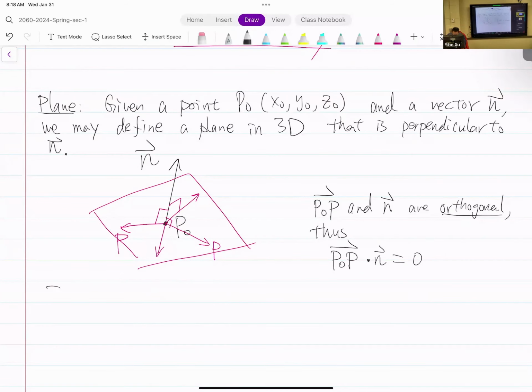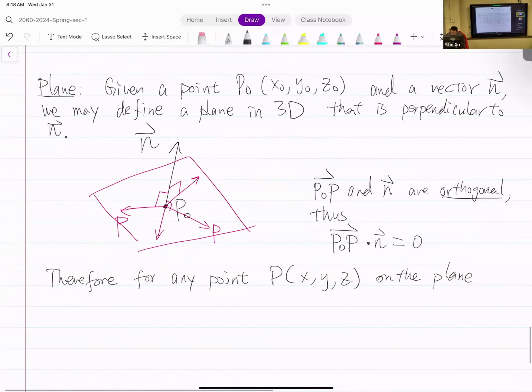So now that tells you, therefore, for any point P on the plane, let's say the coordinates are x, y, z, we can simply rewrite this dot product in terms of the coordinates, right? P is the head, P0 is the tail, so it's going to be x minus x0 at the first entry, y minus y0 at the second entry, z minus z0 at the third entry. That's my vector P0P, right? And now I'm just saying this vector dotting with n is always going to give you a 0.